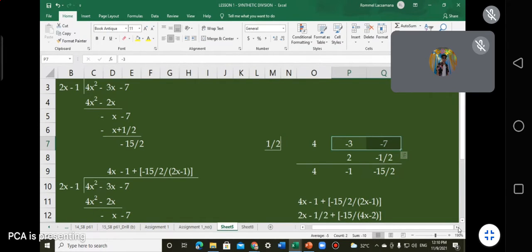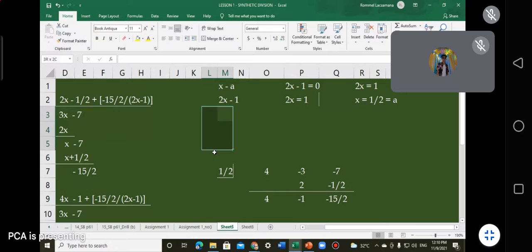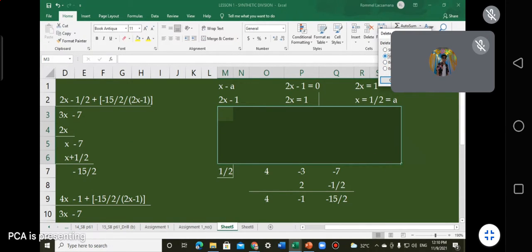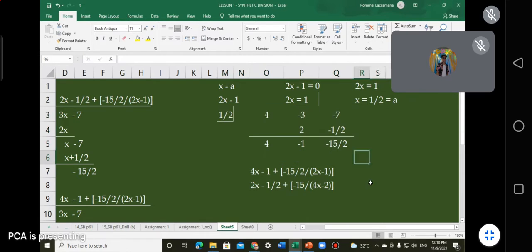Okay, we do first our synthetic division. Okay, sige. 4, bring down 4. But what is 4 times 1/2? It's 2, right? 4 over 2, it's 2. And then you add, it's -1. What is -1 times 1/2? Obviously, it's -1/2. Add the 2.